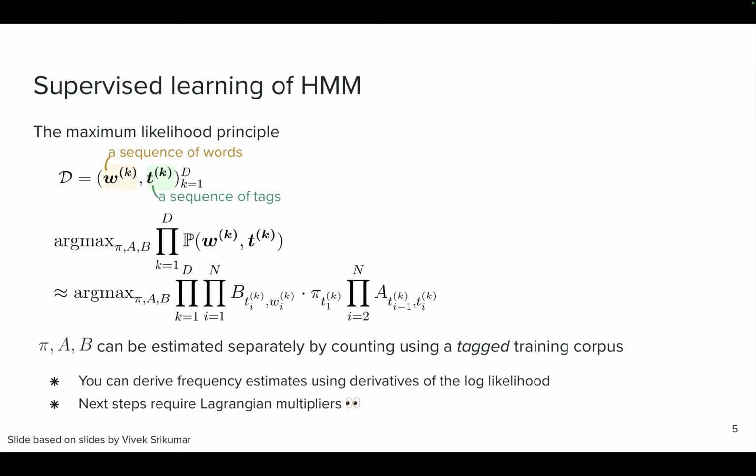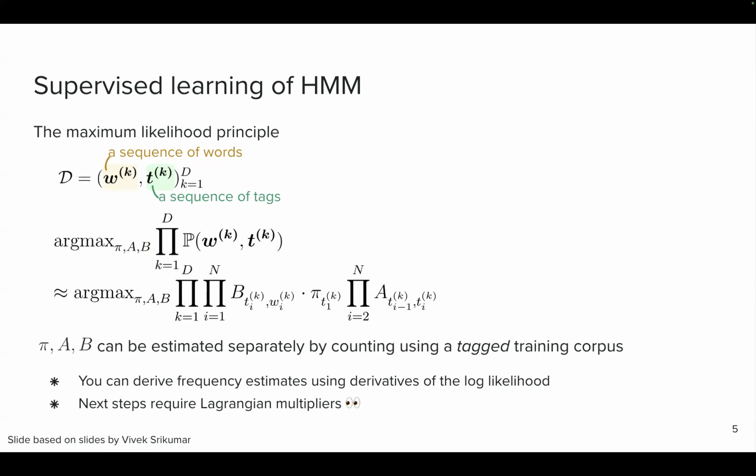So now going back to what I was saying about frequencies, we have a labeled data set of sequences of words with sequences of tags. And let's say we have capital D of such labeled sequences. Our goal, as always, is to find these values, these parameters, which here are initial, transition and emission probabilities, that are going to maximize the likelihood of seeing this training data, meaning the likelihood of seeing these sequences of words with these sequences of part-of-speech tags.